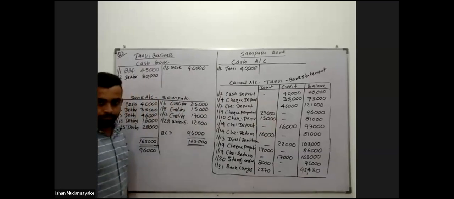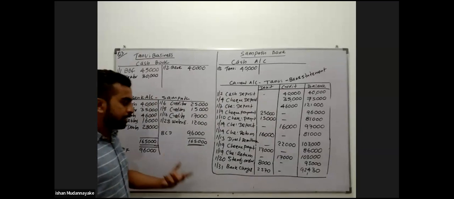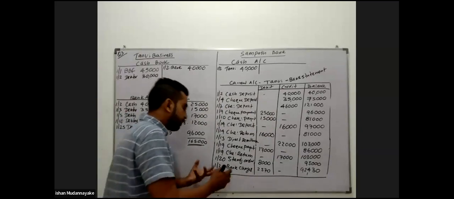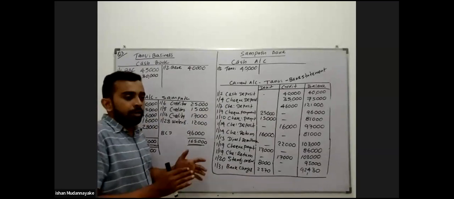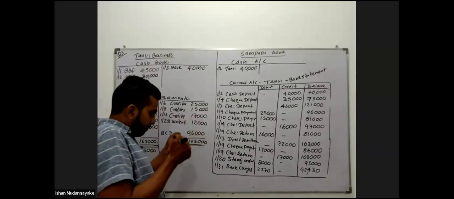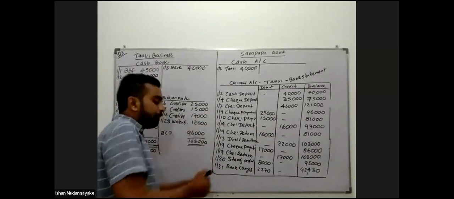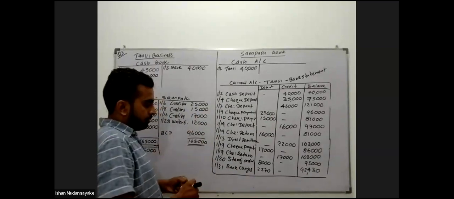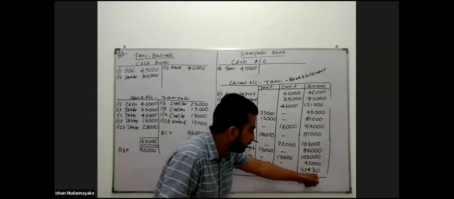92,430. Now, let's say in the first week of February, the business organization received this bank statement. By looking at the bank statement, the balance is 92,430.